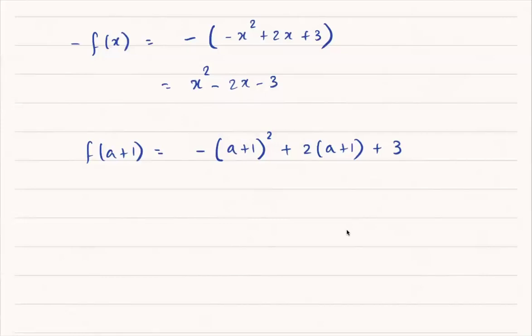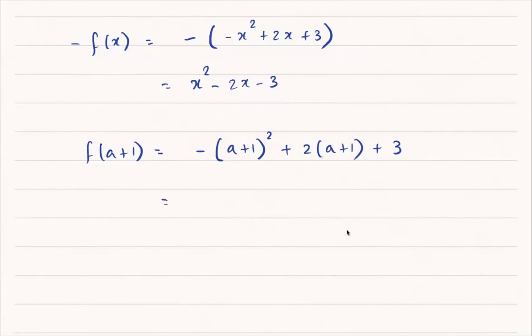It is not. So when you do a plus 1 the whole squared, you have to multiply a plus 1 times a plus 1. So you could FOIL it out separately, or you can use the identity, which is a plus b the whole squared is nothing but a squared plus 2ab plus b squared.